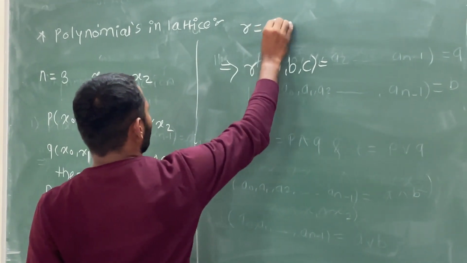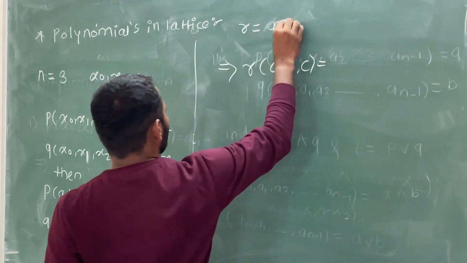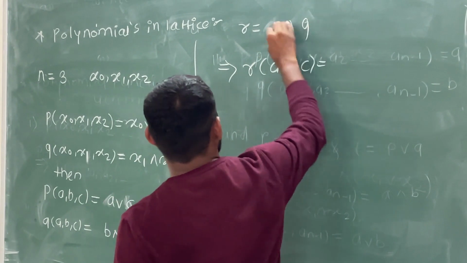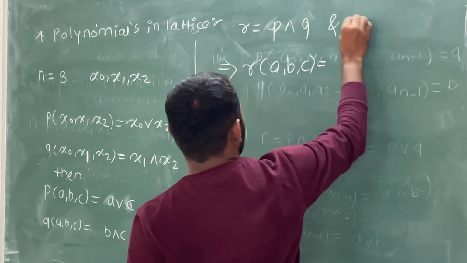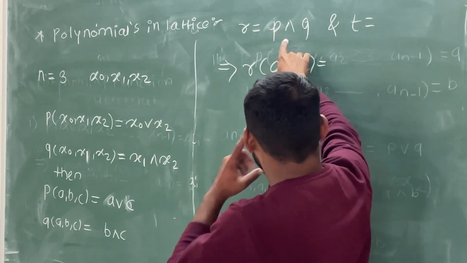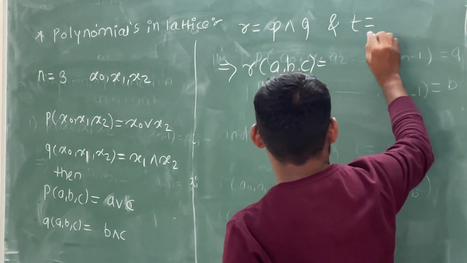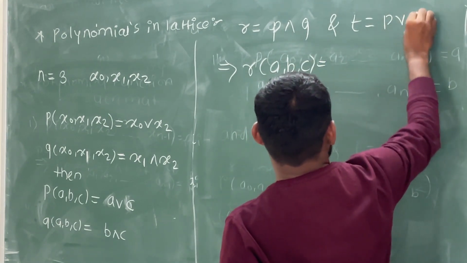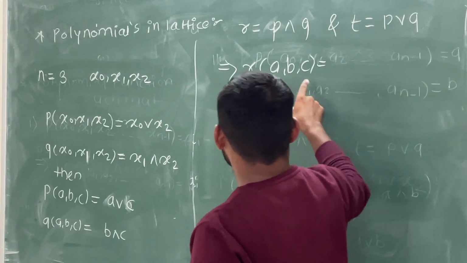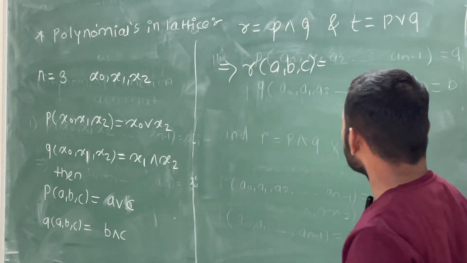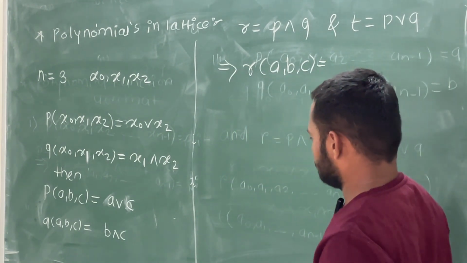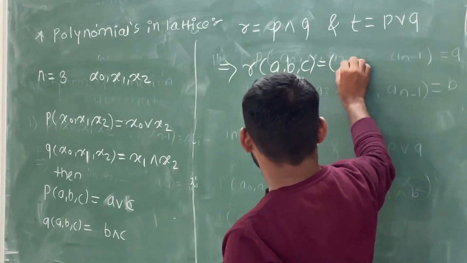What is your R? Okay, suppose here R is equal to P meet Q and T equals P join Q. Then R of ABC, what is R of ABC? It is P evaluated at ABC and Q evaluated at ABC, right?